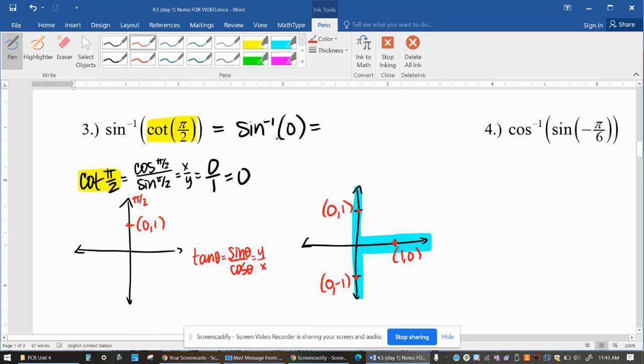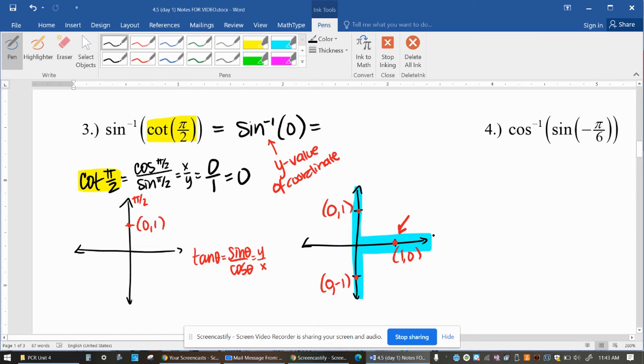Okay, remember back that sine inverse is referring to the y value of the coordinates. Sine is the y value of the coordinates. So I'm trying to figure out which of these angles within the restrictions of sine inverse, which are quadrants 1 and 4, has a y value of 0? This guy.